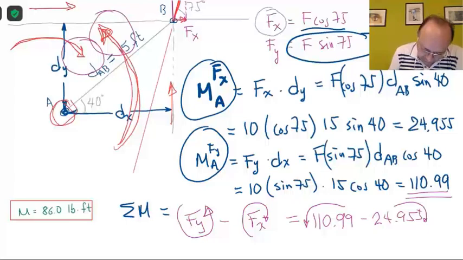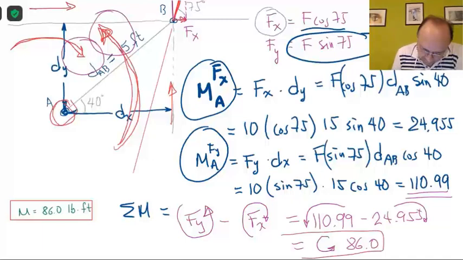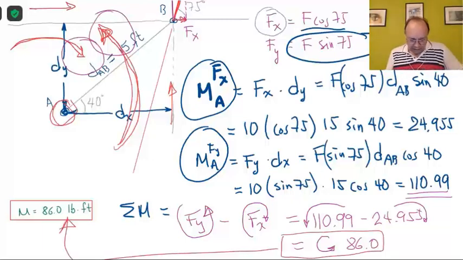So we have, as a result, a moment in the counterclockwise direction that is going to be 110 minus 24.955, 86.0 in the direction counterclockwise. As you see, it's the same value that we found here in the previous cases.